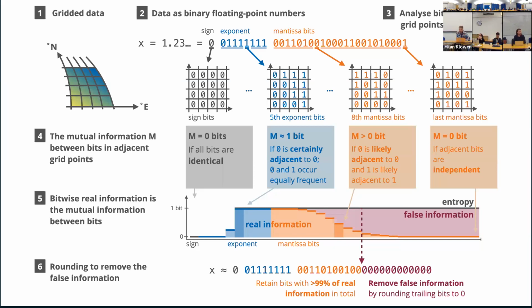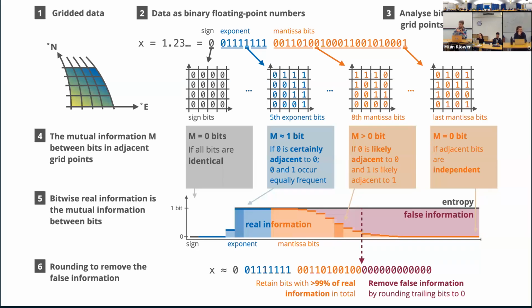Most of the data that we have in weather and climate simulations is 2D, but then stacked into the vertical, and so it's often stored this way. For most of our applications, it's important to compress in the horizontal and not necessarily in the vertical. So the question was whether it matters if we walk this way around or that way around. Often the data is stored going eastwards first and then going either north or south.